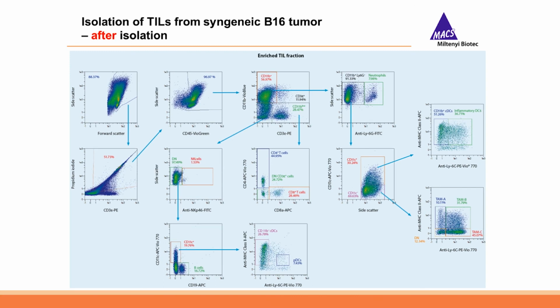When you do the isolation, you see you start with a much more pure population in the beginning, and then with acquiring the same number of 100,000 events, you can even go down to small subpopulations like dendritic cells, tumor-associated macrophages, and can even do a sub-phenotyping of these without using more time and more effort at the flow cytometer.